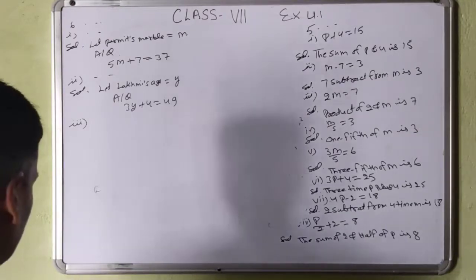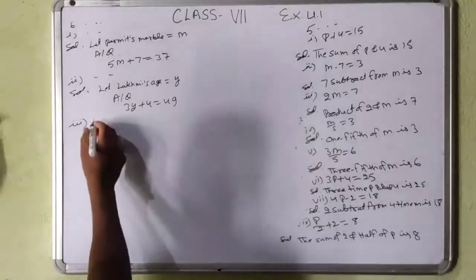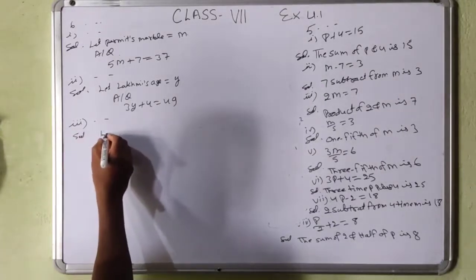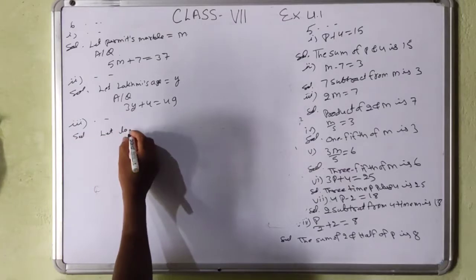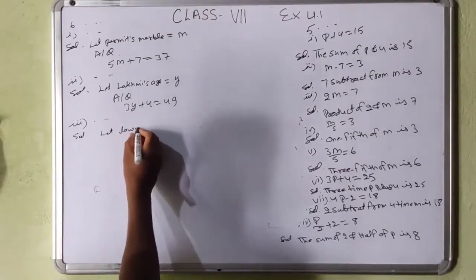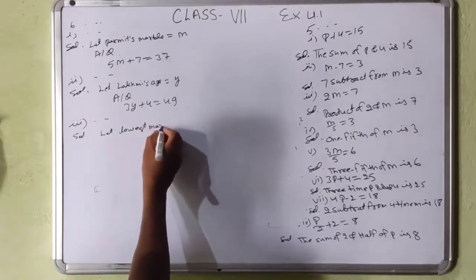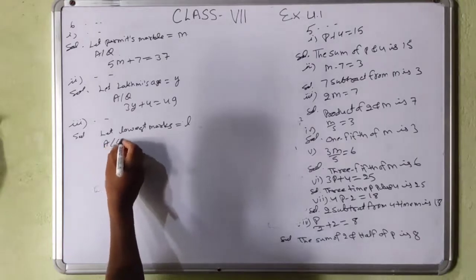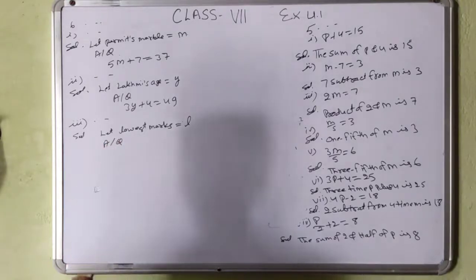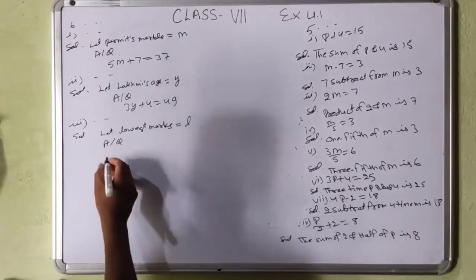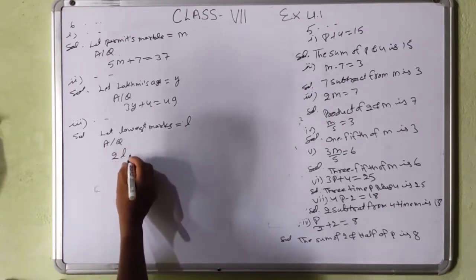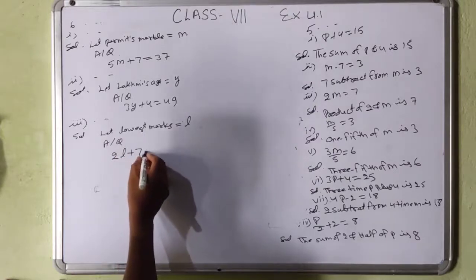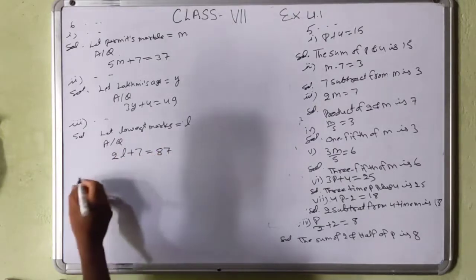So take the lowest score to be L. So let the lowest marks be L. According to the question, twice means 2L, plus 7 is equal to 87, the total marks.